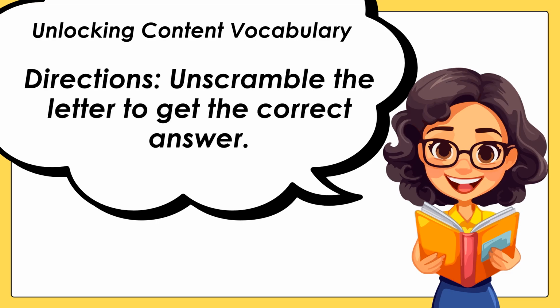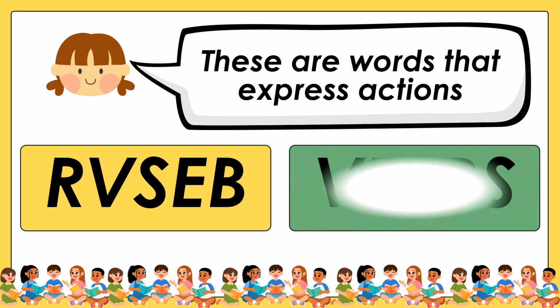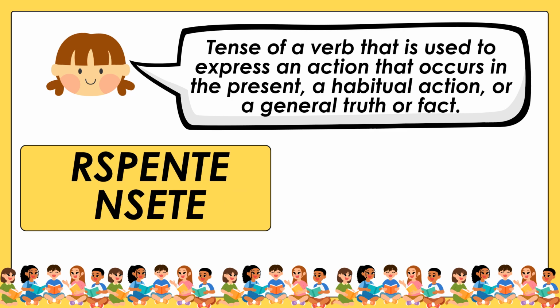Directions: unscramble the letters to get the correct answer. First, these are words that express actions. The correct answer is verbs. Second, tense of a verb that is used to express an action that occurs in the present, a habitual action, or a general truth or fact.